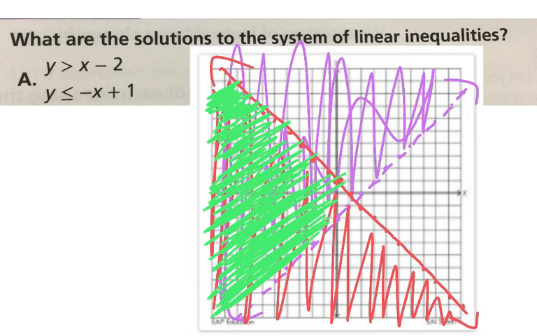And then plug the same point in here. 2 is less than or equal to negative 1 plus 1. So is 2 less than or equal to 1 plus 1? 2 less than or equal to 2? So it makes them both true at the same time. If it's on a solid line, where both are shaded, it makes it true. If it's on a dashed line, where both are shaded, then it's false.